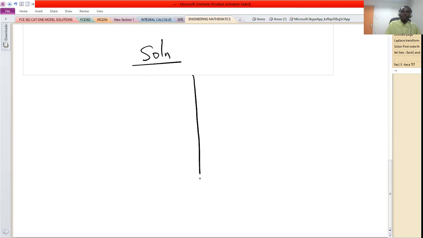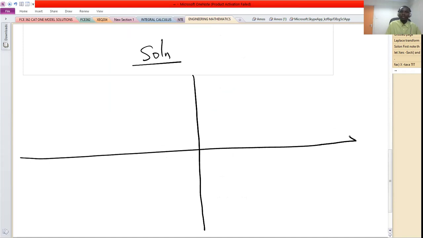So let this be our y-axis and this our x-axis.